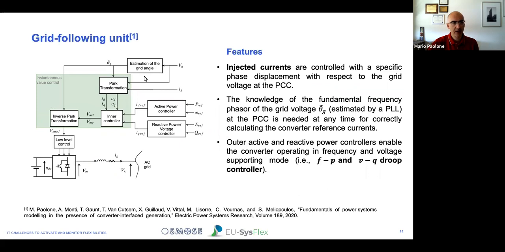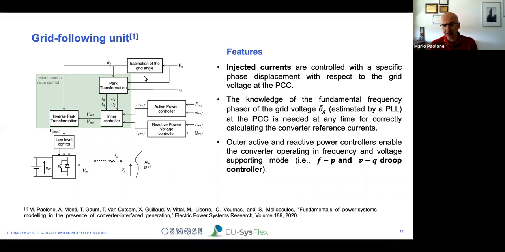of the droop values for active and reactive power to provide primary frequency control or primary voltage control. Instead, in a grid following unit, what you are controlling is the injected currents with respect to a reference, and this reference is typically given by the voltage phasor at the point of common coupling. Therefore, for these controllers you do need knowledge of the fundamental frequency of the voltage phasor on the grid side.